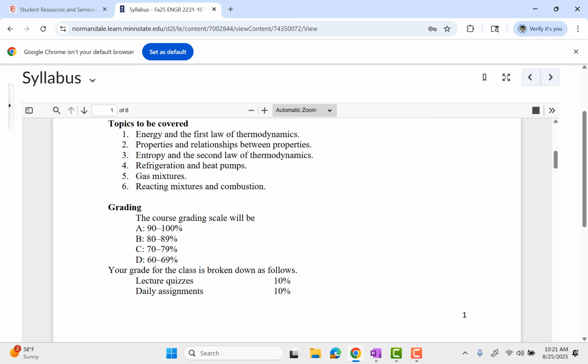And then we'll use this for some very specific applications: a refrigeration cycle, a heat pump cycle, engines, heat engines.